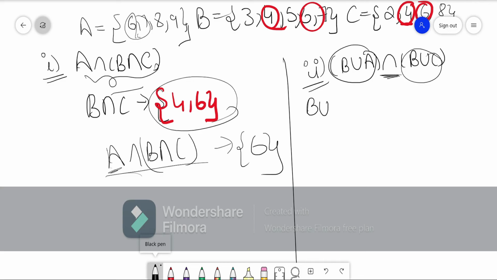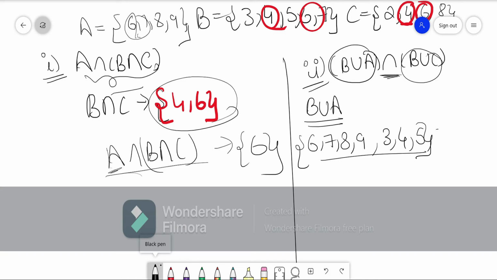So first let's find B union A. First let's write the elements of A. Now the elements of B: 3, 4, 5, and 7 is already there. Then the elements of C. So 6, 7, 8, 9, 3, 4, 5 are the elements of B union A.